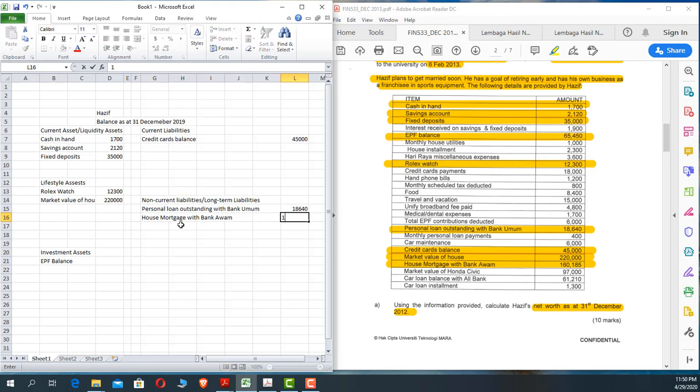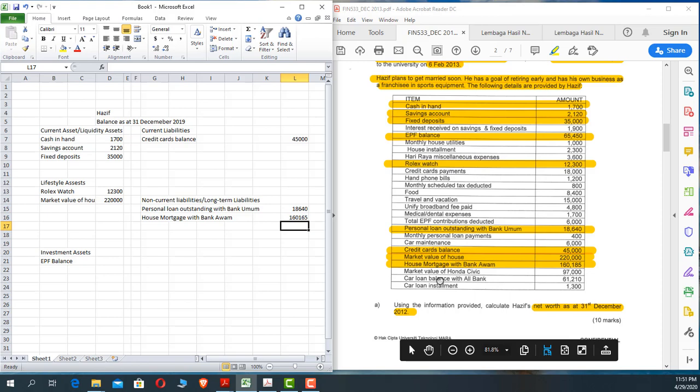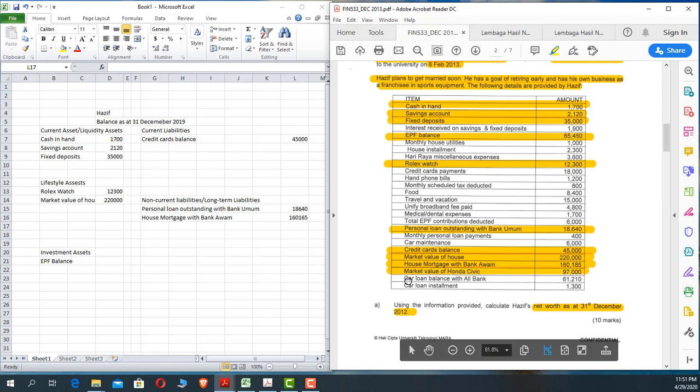So 160, 165. Okay, the next market value of Honda Civic, this is your ni lah, also lifetime asset sebab ni ialah harga pada tahun ni lah, market value untuk yang Honda Civic pada tahun ni lah 2012.